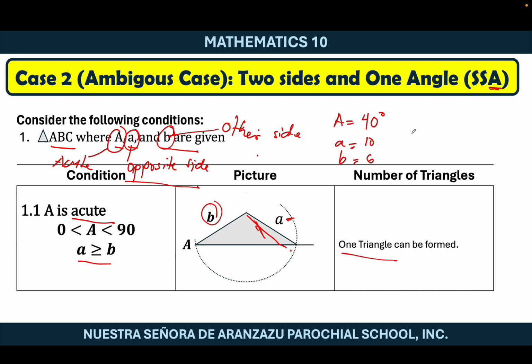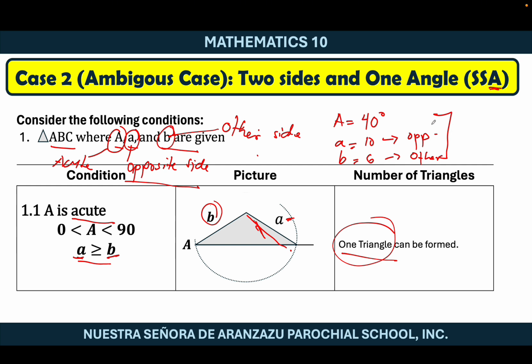Now, as you can see, ang relationship ng opposite side and other side ay mas malaki si opposite side compared to the other side. Then the number of triangles to be formed is 1 triangle. May mabubuo kang isang triangle doon. So, ibig sabihin, pwede mong isolve yung triangle na to.